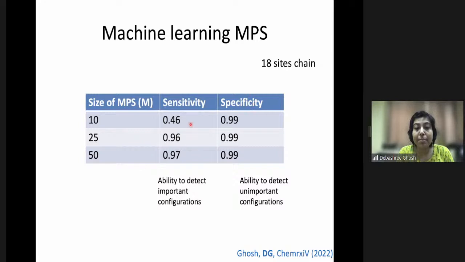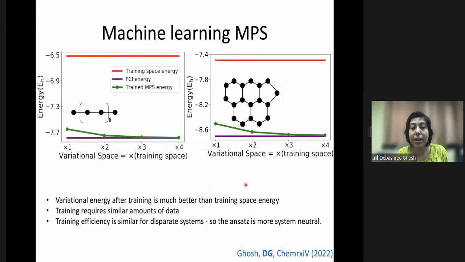So if M is kept at 50, the sensitivity and specificity are both quite high. Sensitivity denotes the ability to detect important configurations, and specificity is the ability to detect unimportant configurations. If both are there, then I can easily separate out which is important and which is not. I can take only the important configurations, and therefore that's all that matters.